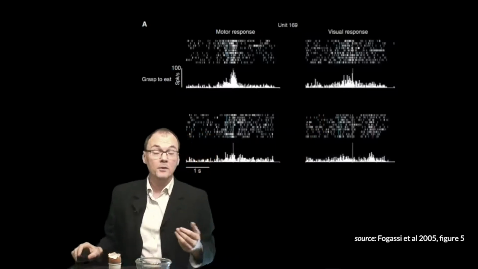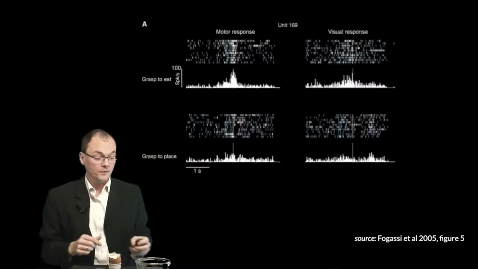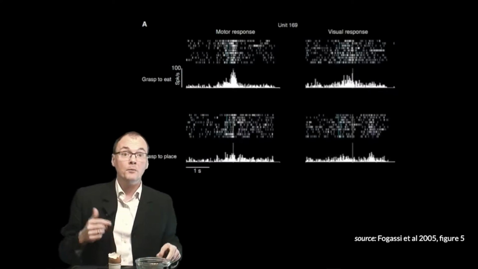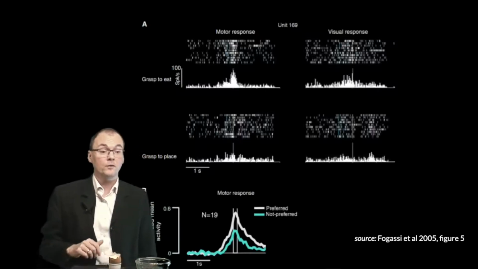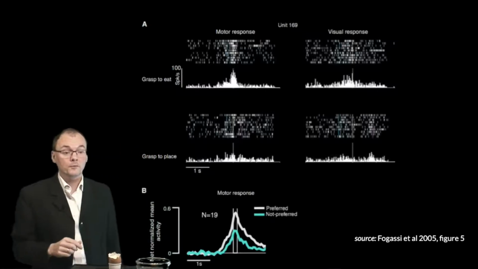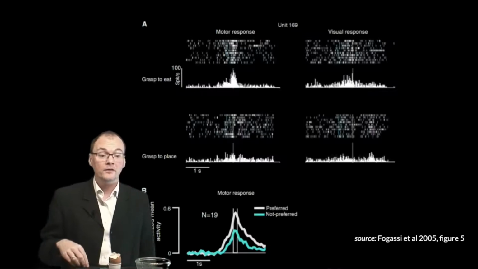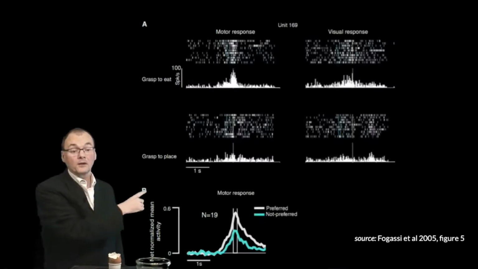This is the double life of motor representation. Motor representation is something that you see both when performing an action and when observing an action performed by another. And here are some graphs from Fogassi and colleagues' study showing just the same thing, but in a kind of summary format, right?